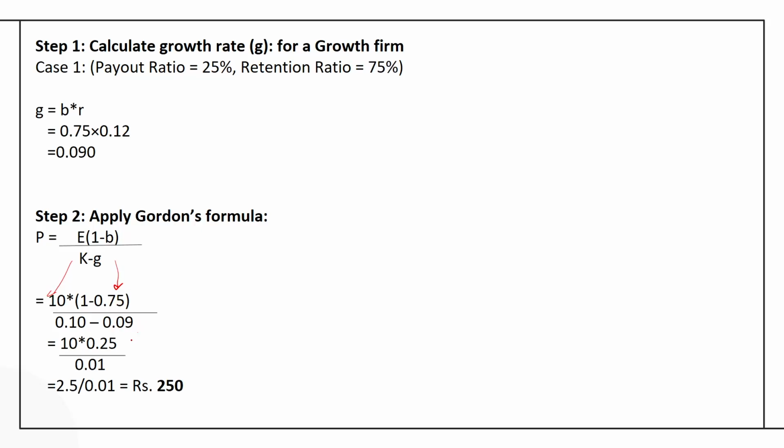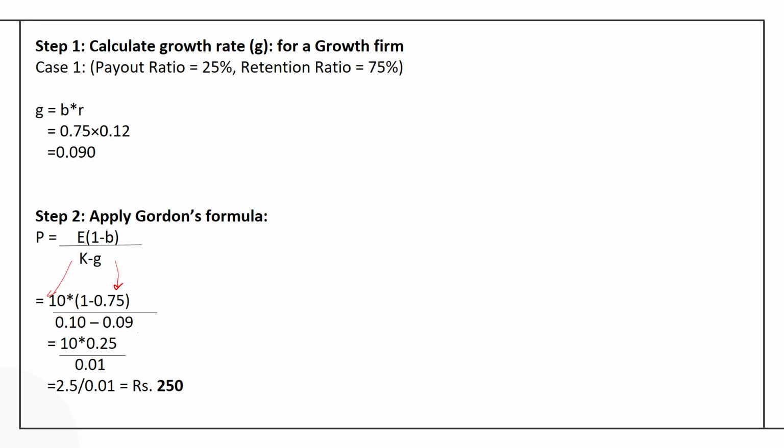Now, if we solve this equation, we get 10 into 0.25, divided by the difference between the cost of capital and the growth rate, and the result we get as the value of the share is 250.